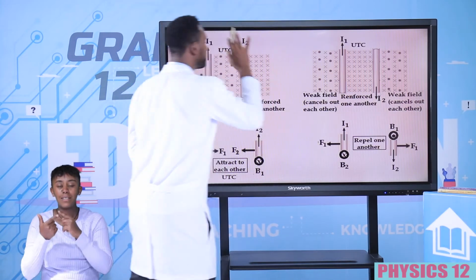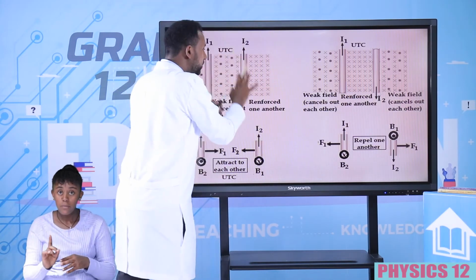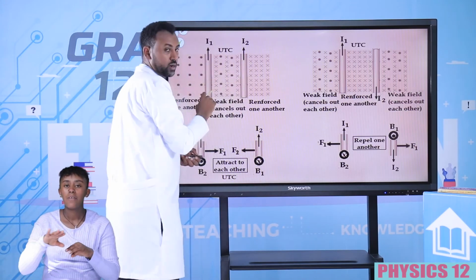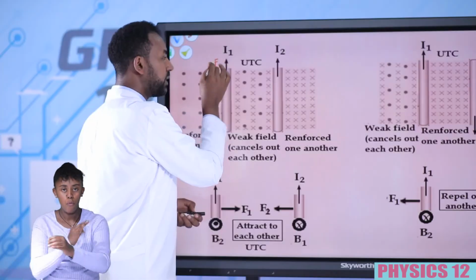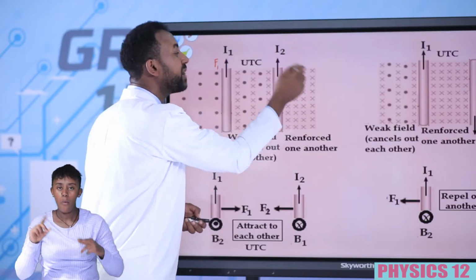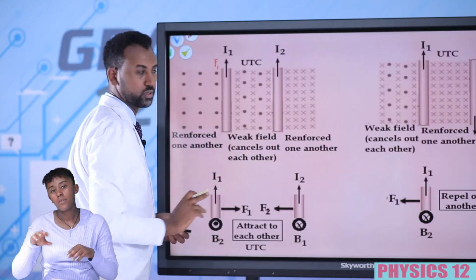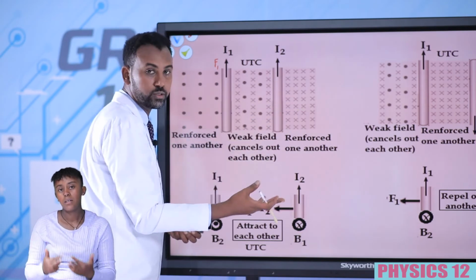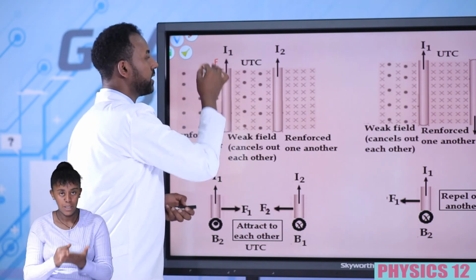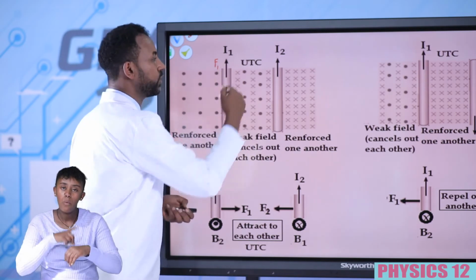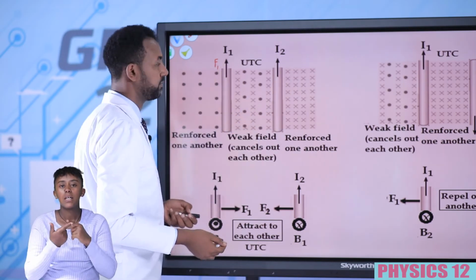The second wire is found in a uniform magnetic field produced by wire 1. So it is possible to determine the force exerted on wire 1 due to the magnetic field produced by wire 2. Wire 2 carries a current I2 and produces a magnetic field all around it. Therefore, wire 1 is always under the influence of the second magnetic field.